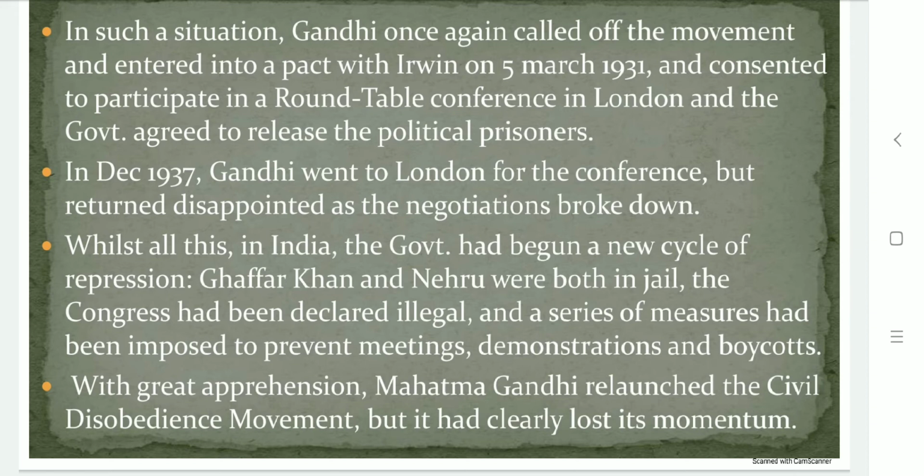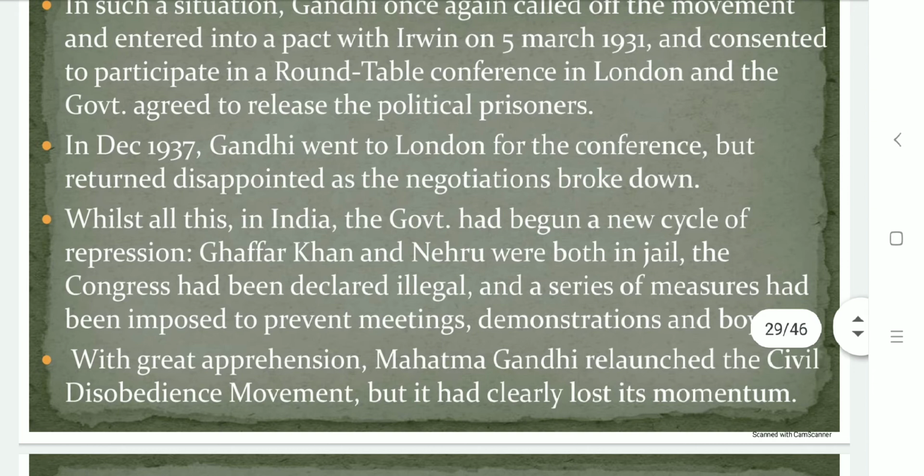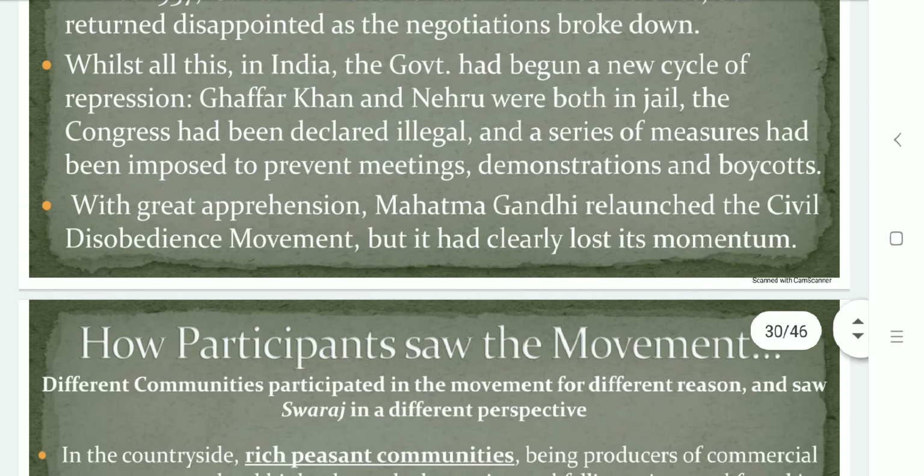Abdul Ghaffar Khan, Nehru were both jailed and Congress had been declared illegal, and a series of measures have been imposed to prevent meetings, demonstrations, boycotts. With great apprehensions, Mahatma Gandhi relaunched civil disobedience movement, but it had clearly lost its momentum.